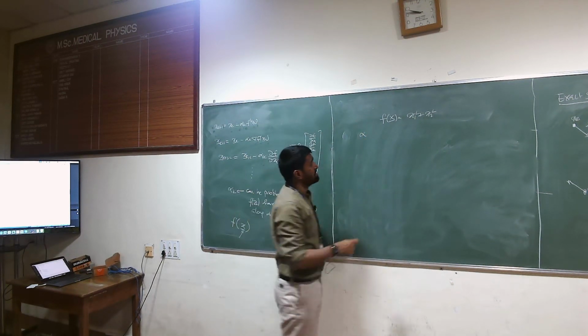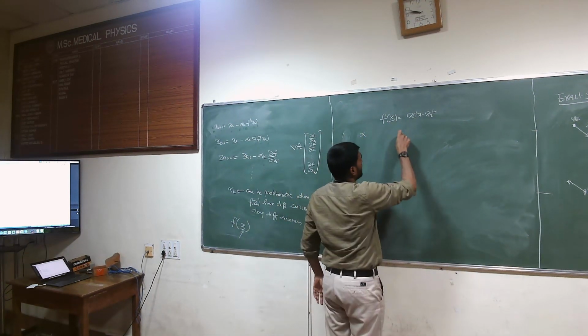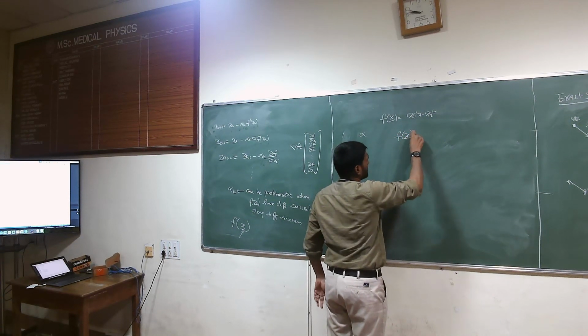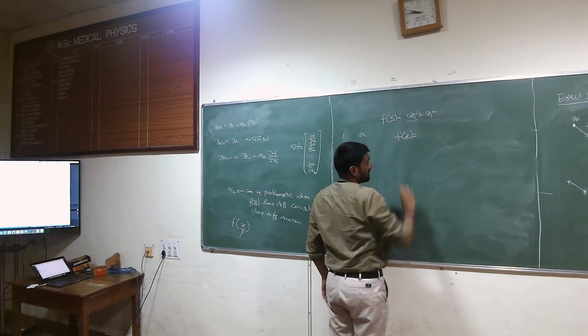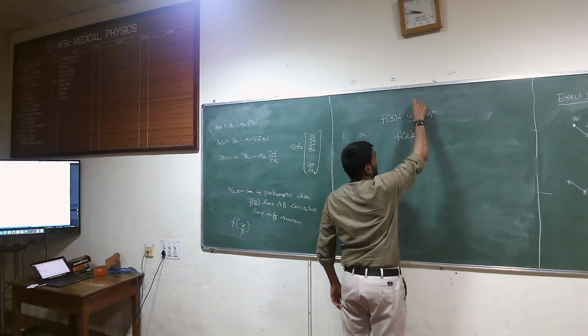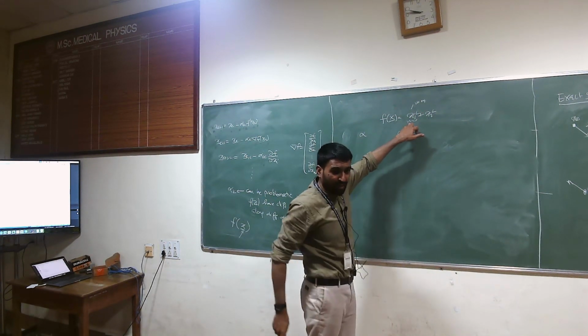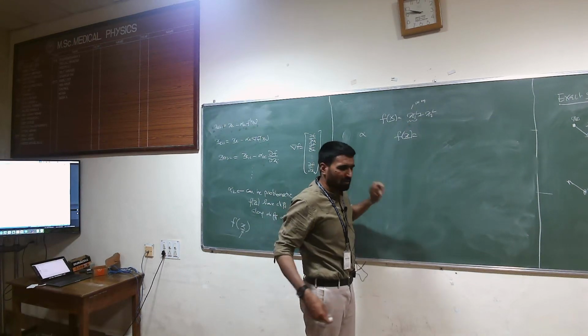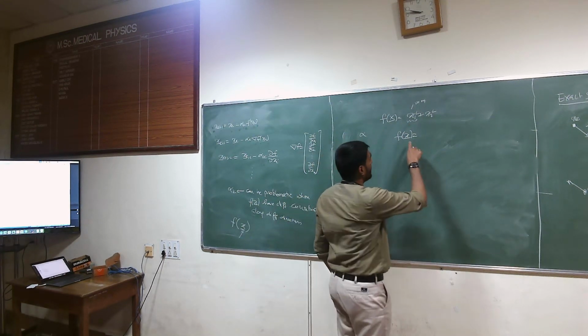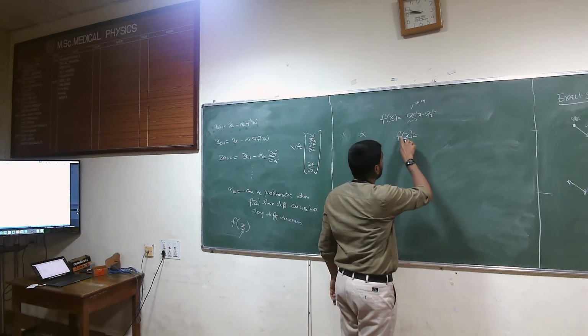But let's say instead of measuring this in some units, I measure this parameter x1 in centimeters instead of millimeters. It means my function now would be different.